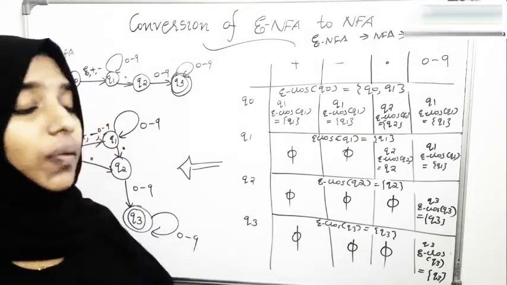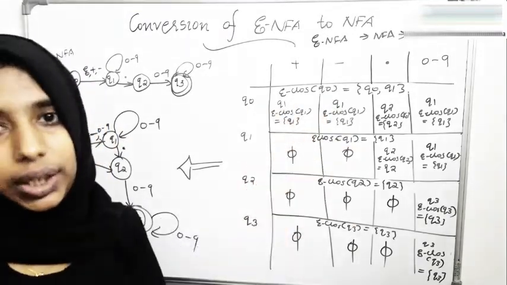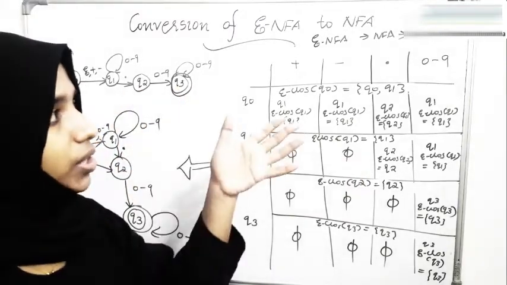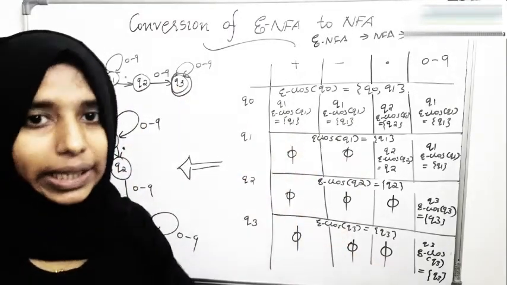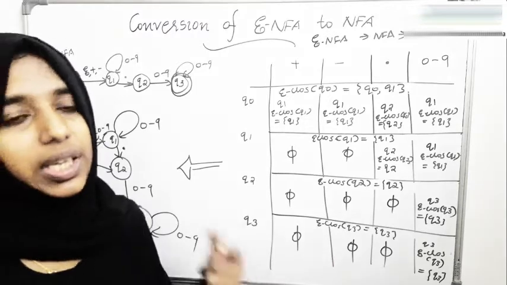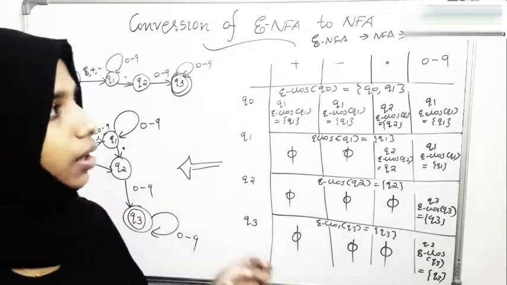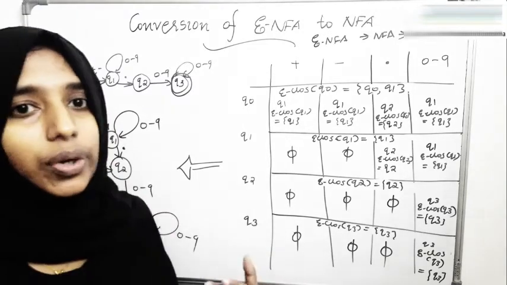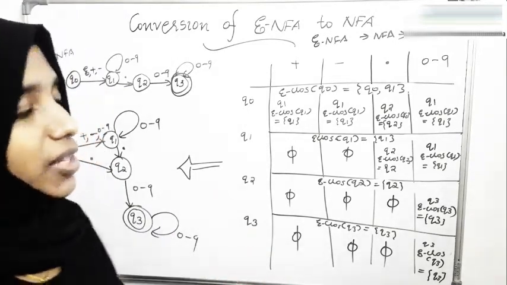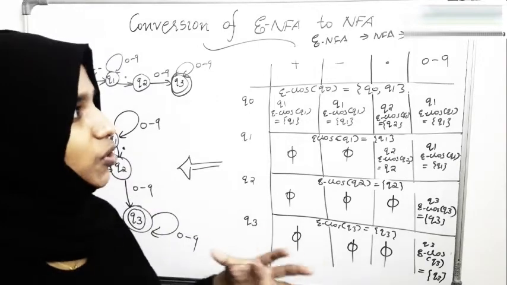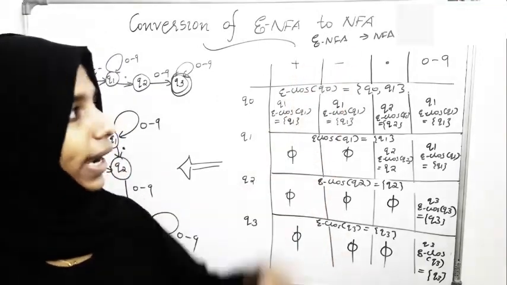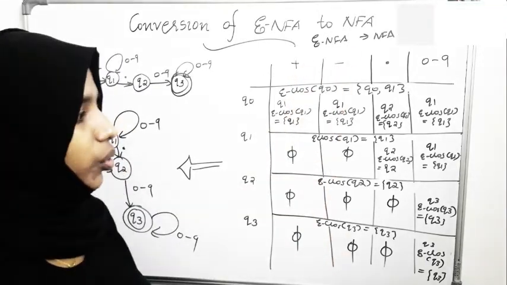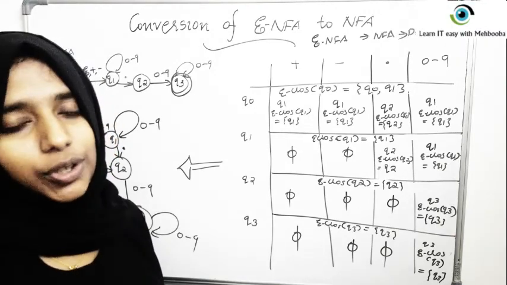That is why we are always able to convert one to the other. Epsilon NFA may be a bit easier to design compared to NFA, and that may be easier to design compared to DFA. But as long as we have conversion mechanisms, you can design anything and convert it according to your need. Hope you understood. Thank you so much.